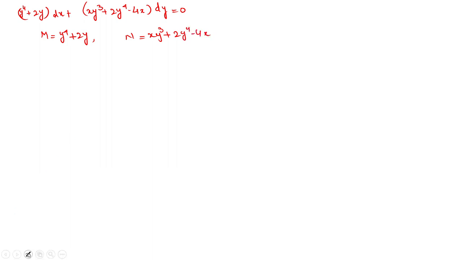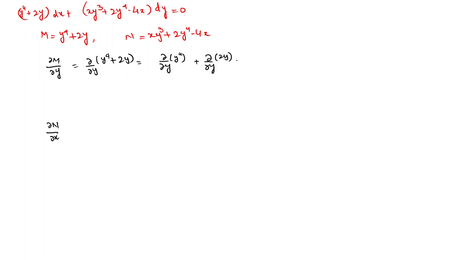So in this case, we have to find del M by del y and del N by del x. So here, del by del y of y raised to power 4 plus 2y. Again, we will find the derivative term by term.